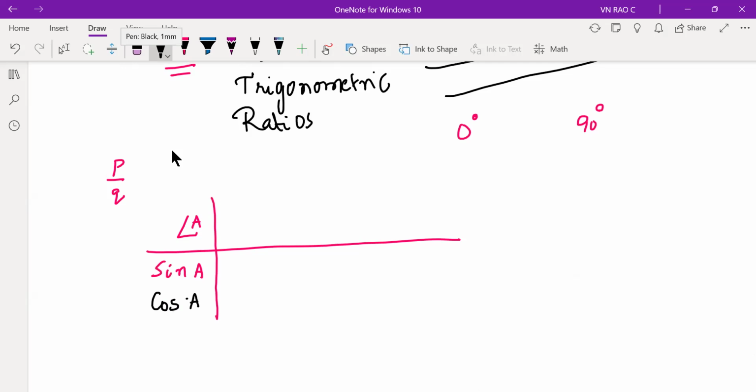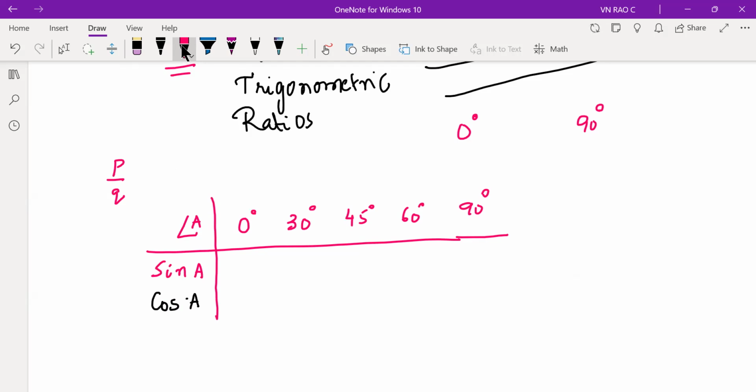See, sometimes it becomes a memory game also. So the angles are 0 degrees, 30 degrees, 45 degrees, 60 degrees, and 90 degrees. Mathematicians have come up with proofs of these things also, so there is no worry.